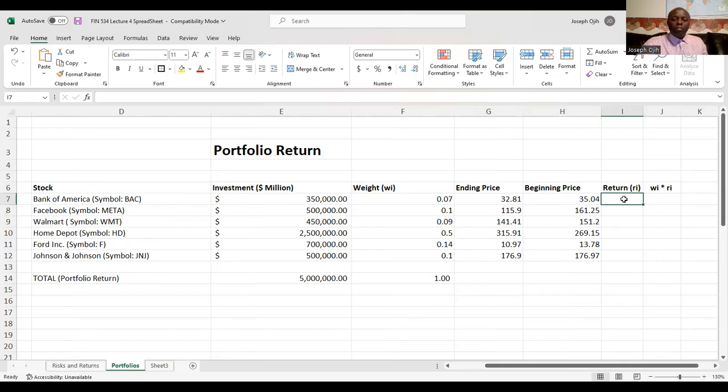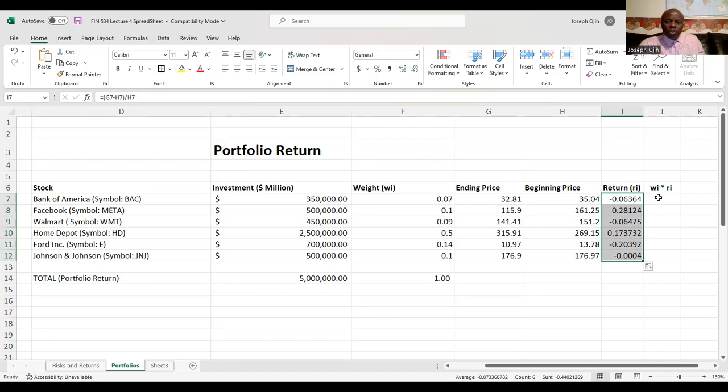The return will now become equals, we have ending stock price minus beginning stock price divided by beginning stock price. Okay. And then we can copy this down to calculate the rest. Okay, so these are the returns for each of these stocks.